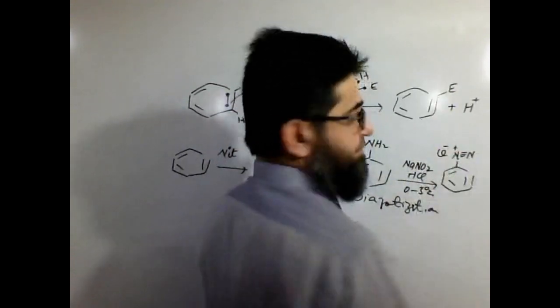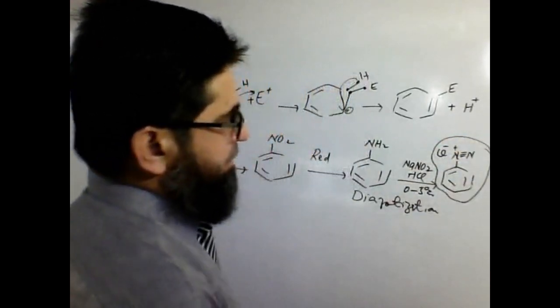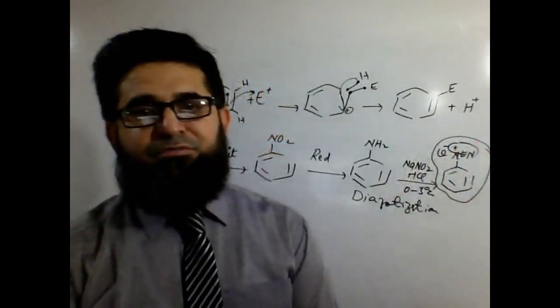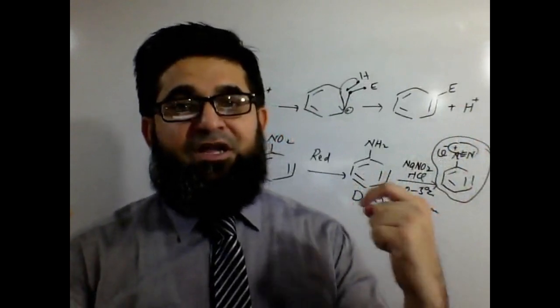diazonium salts. These are called the diazonium salts. In this nitrogen carries positive charge. So somebody having positive charge has the capacity to act as an electrophile.